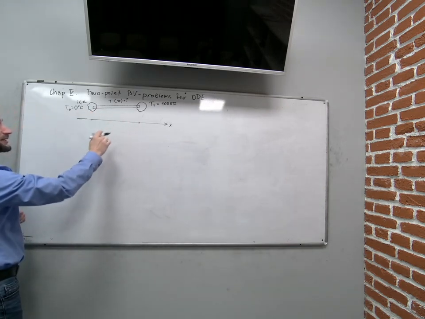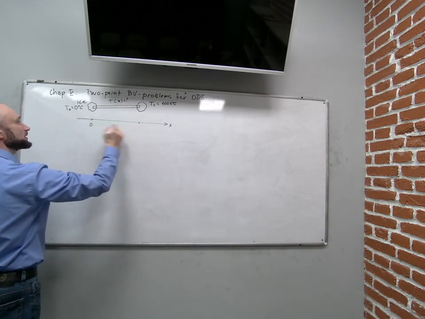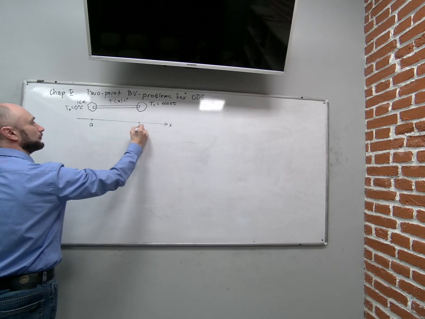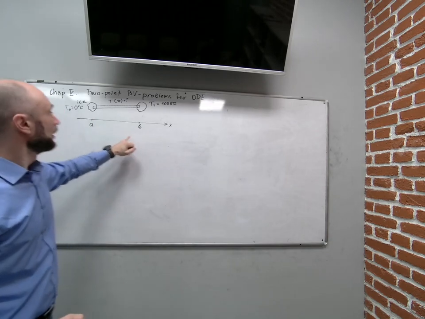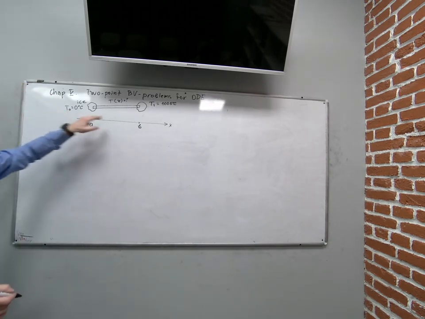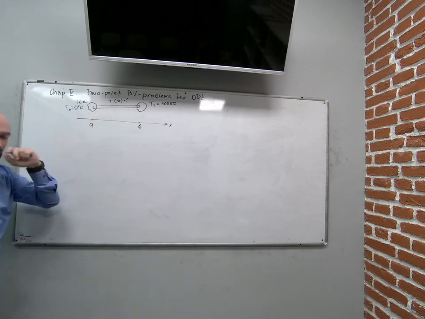So it's a one-dimensional problem at this point. So we say that we are considering our rod at coordinates from A to B, and we fix the temperature. We want to find the temperature distribution along the rod.